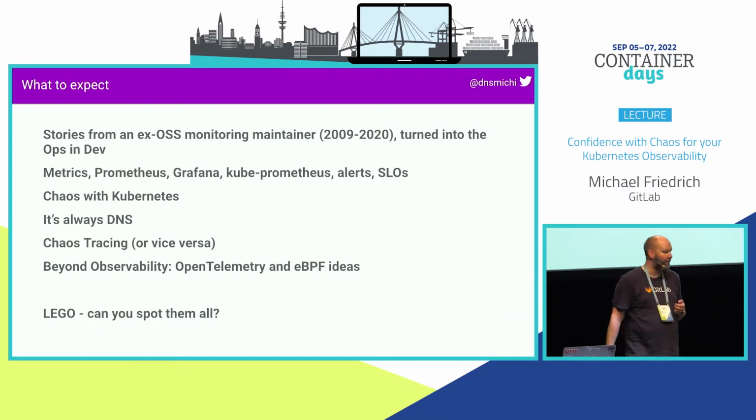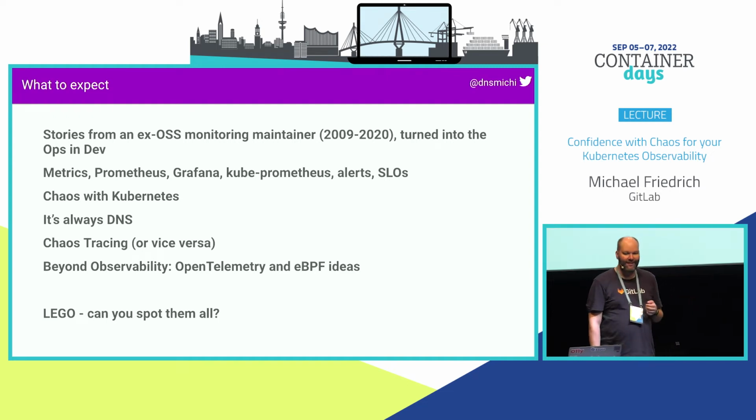What should you expect in the next couple of minutes? Some stories from an open source monitoring maintainer I was in the past, diving into metrics, Prometheus, Grafana, Kubernetes, some things about alerts and the service level objectives.